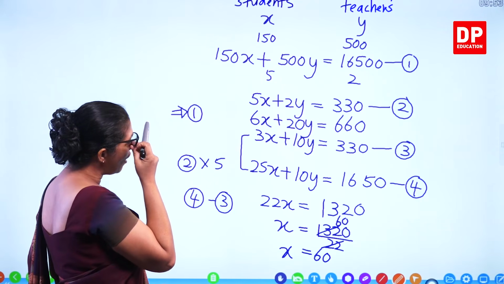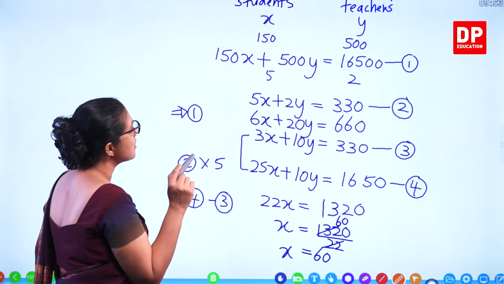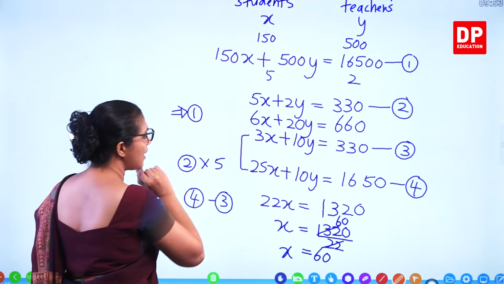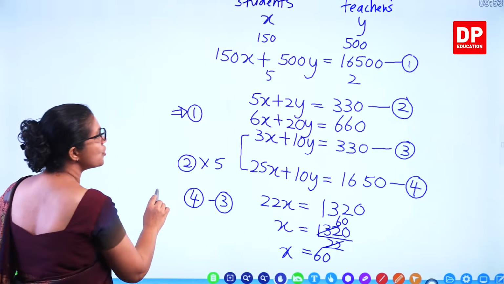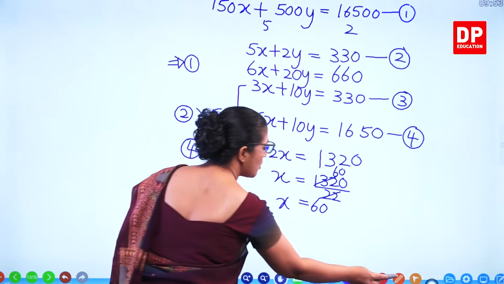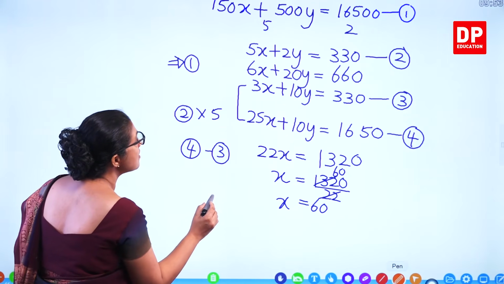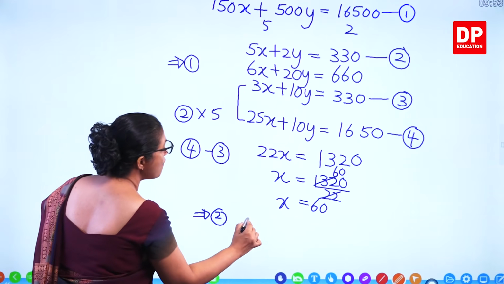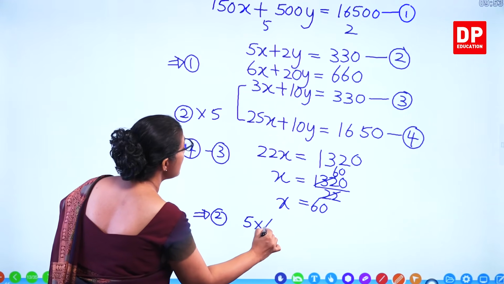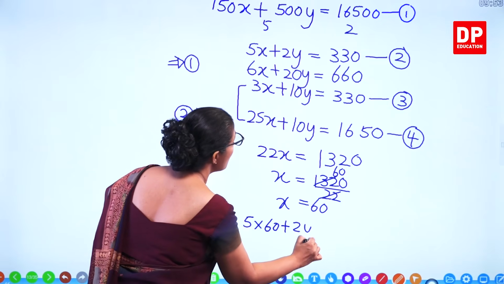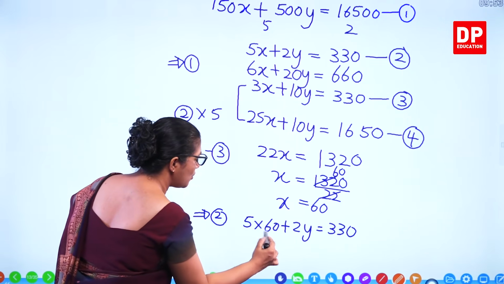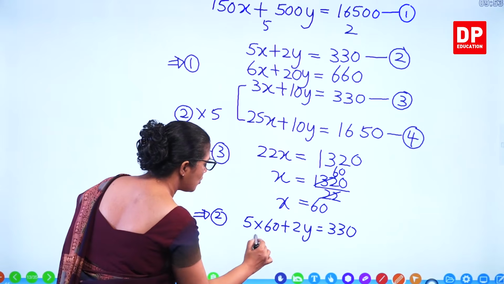Now you can find out the number of teachers. So which equation is easy to take? We'll take the second one and substitute x is 60. So take the second equation, 5 into 60 plus 2y equals 330. So here you get 300, take it to the other side.